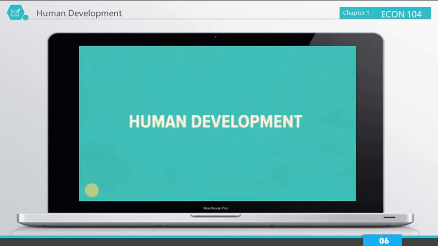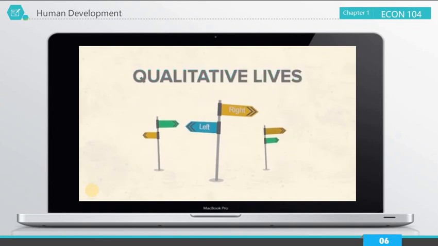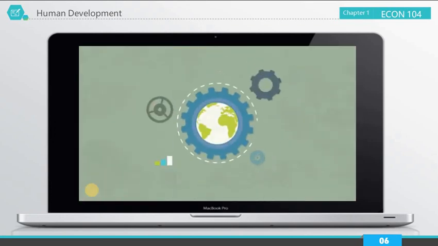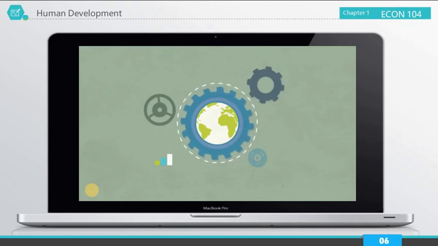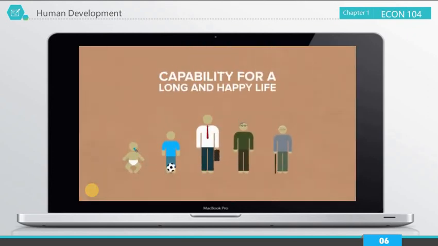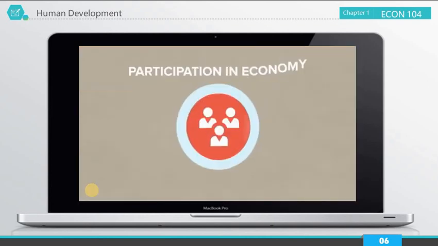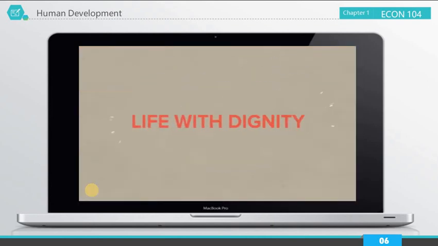Human development is about expanding the choices people have to lead qualitative lives. It is exactly those people who should be in the center of the development process. Thus, human development means the capability for a long and happy life, for a qualitative education, and participation in the economy to lead a life with dignity.